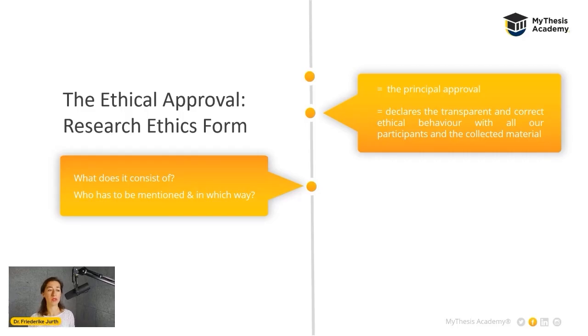So the research ethics form, first of all, is the principal approval on ethical behavior and declares the transparent and correct behavior with all your participants and with the collected and recorded material. So this is, in a nutshell, what the ethical approval and the form consists of and is made for.